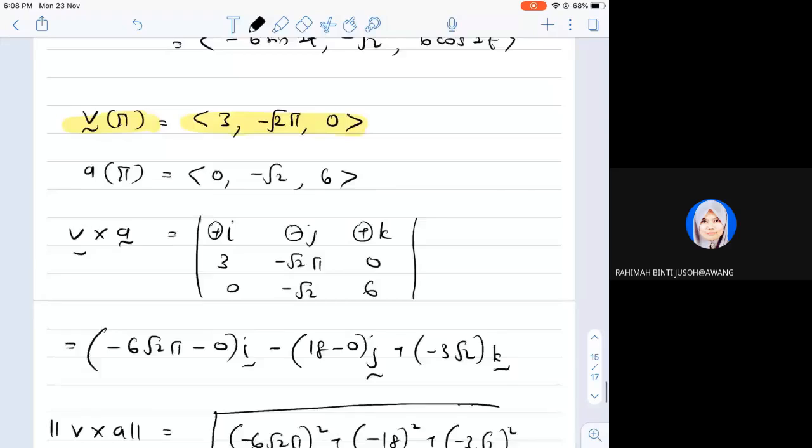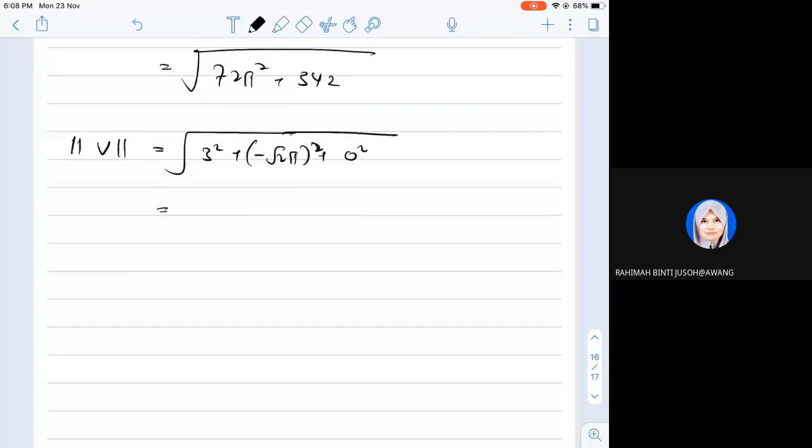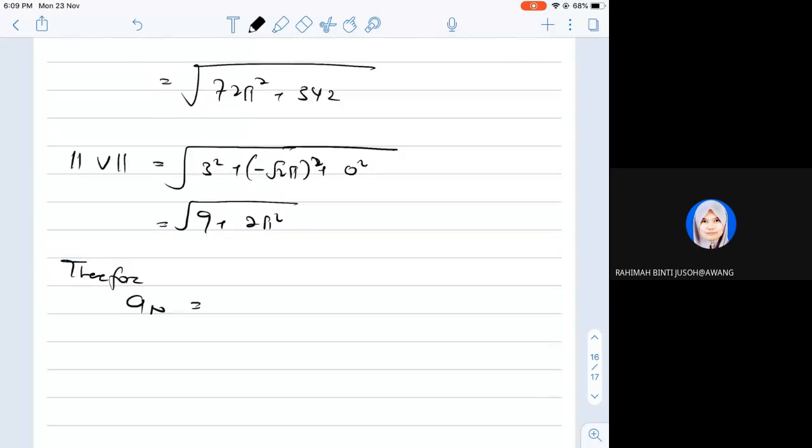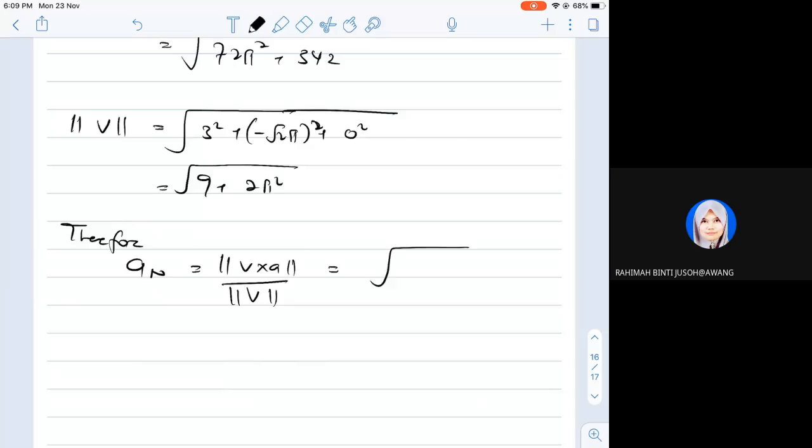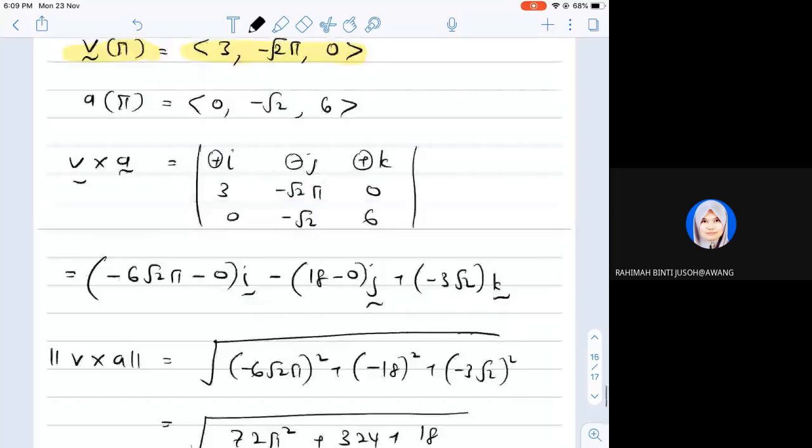Right? So we have 9 plus 2 pi squared. Therefore, the normal component of acceleration is V cross A divided by the magnitude of V, the top divided by the bottom: 72 pi squared plus 342, divided by the square root of 9 plus 2 pi squared. That's it. That's the first question.